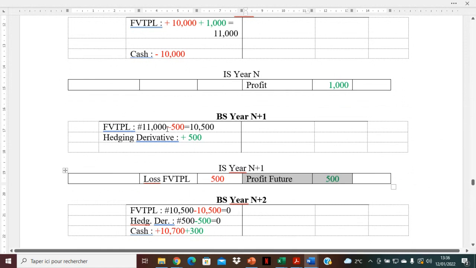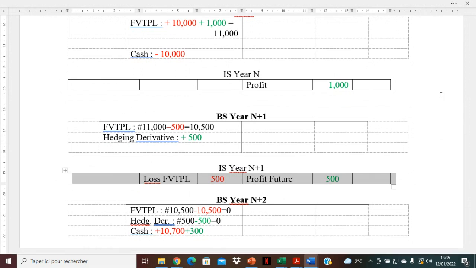And my bond portfolio loses 500 in value, and therefore I put this loss also directly in the income statement. Since here we have a perfect hedge, the profit and the loss in the income statement obviously match, and the total impact is 0.